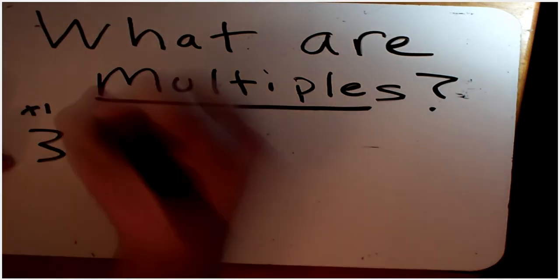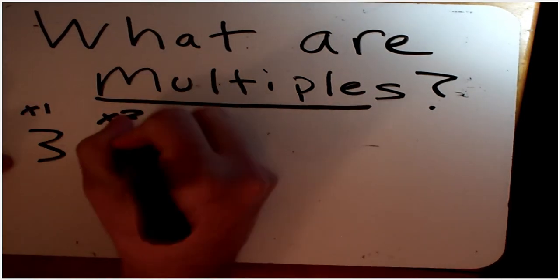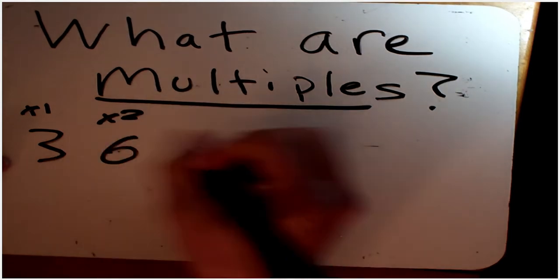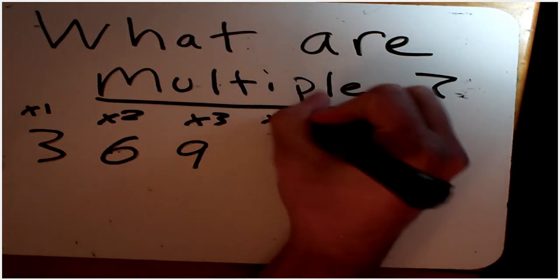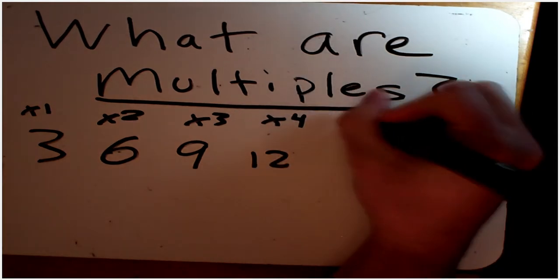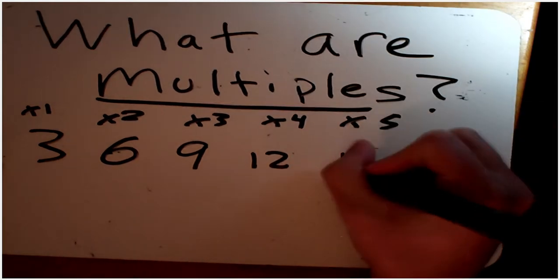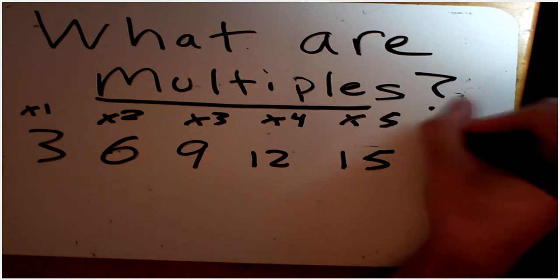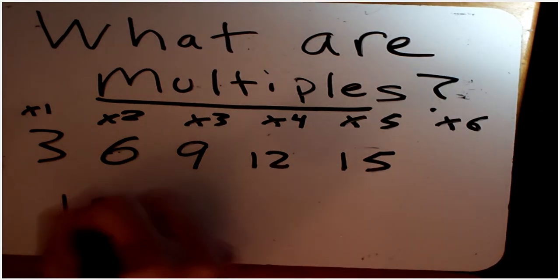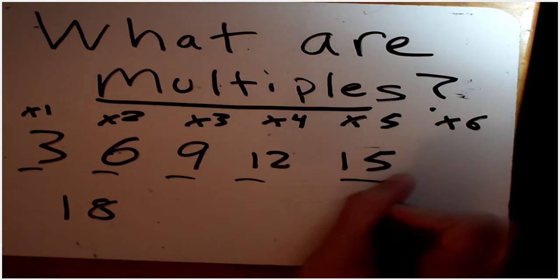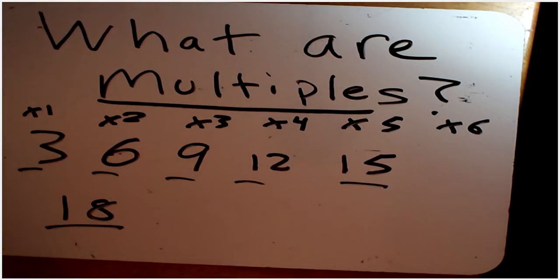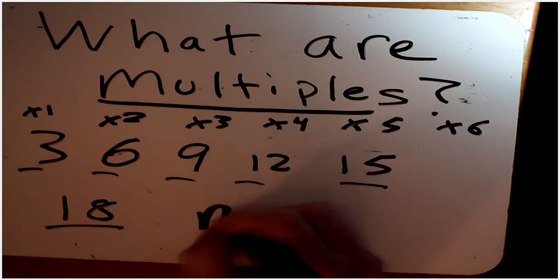Times 2 would be 6. The next one for times 3 would be 9. Times 4 would be 12. Times 5 would be 15. Times 6 would be 18. These numbers, 3, 6, 9, 12, 15, and 18, are all multiples of 3.